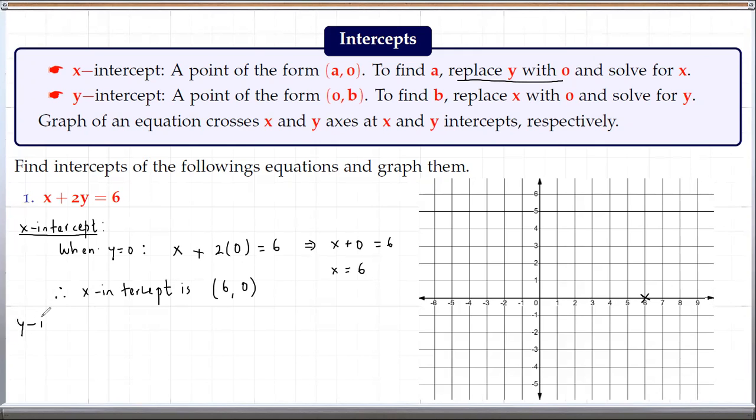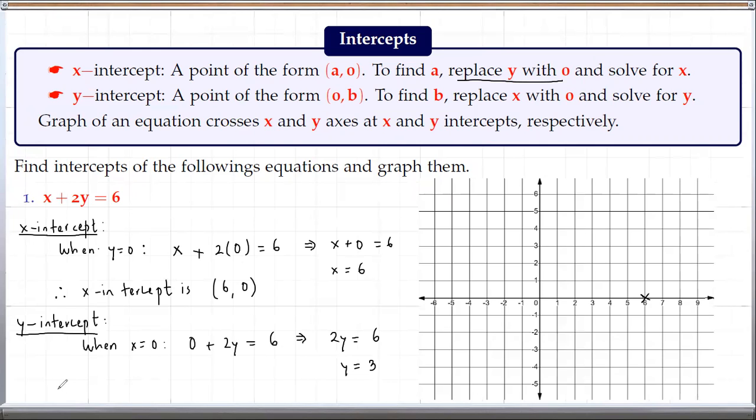Similarly, to find the y-intercept, we just set x equals 0. So when you set x equals 0, we get 0 plus 2y equals 6, which means 2y equals 6. So y equals 3 when you divide both sides by 2.